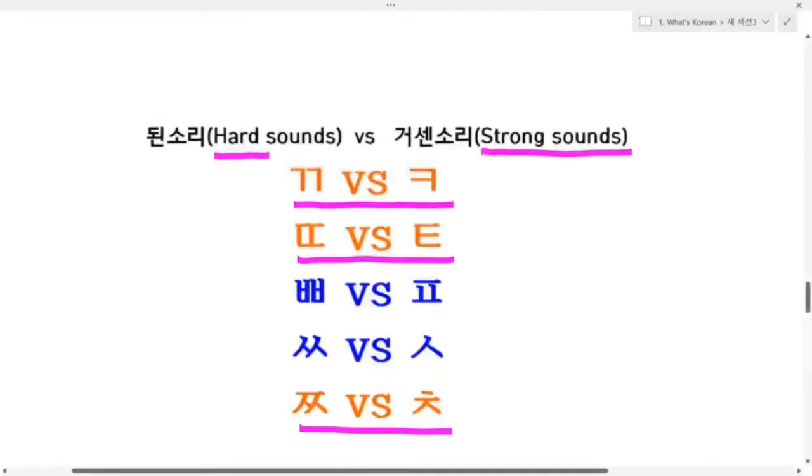It sounds like that because this pronunciation is not in your language. For example, we don't have the same pronunciation as the English alphabet, R, F.